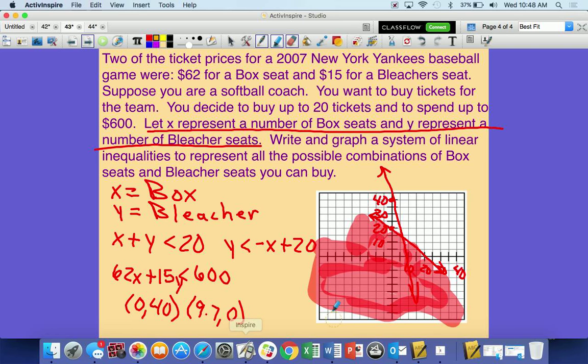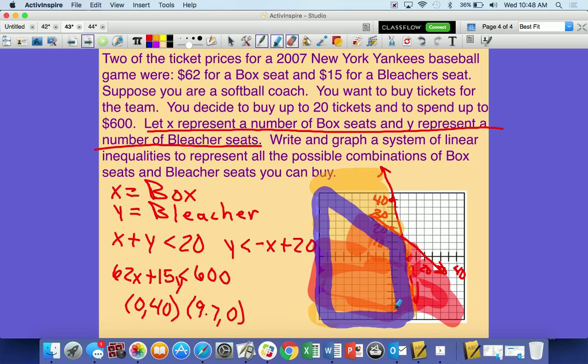Yeah, that's also true. So we've got everything to the left of this line. And then the question is, where's our overlapped region? Well, our overlapped region is in here, right? So it's where this blue area is.